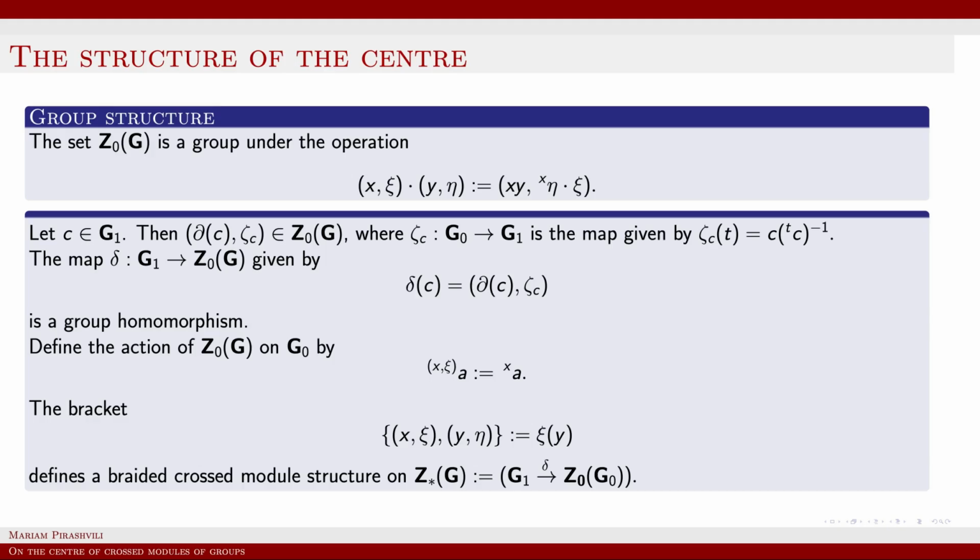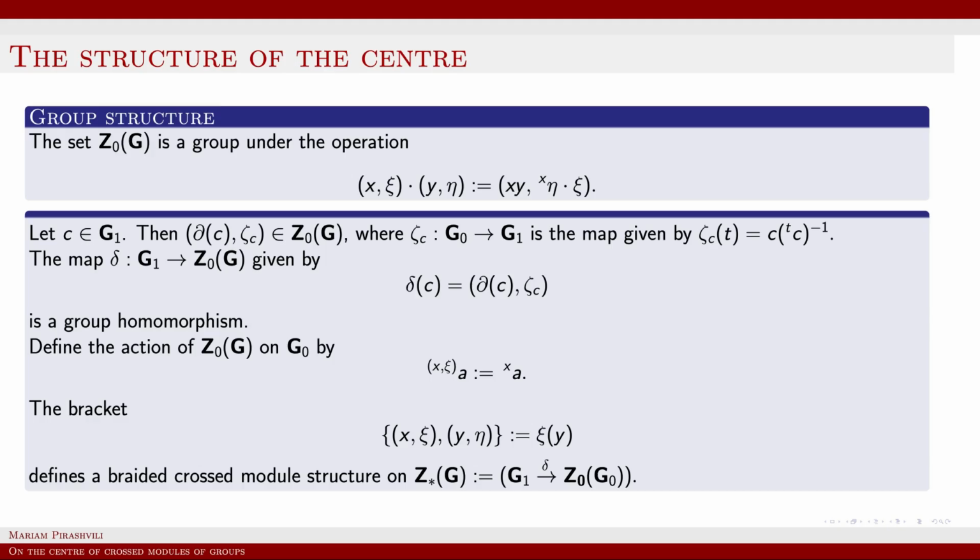You see similar formulas altogether, so that they are, in some sense, natural definitions. And then again, the action is quite straightforward. It's just the first component acting, so it's the old action that we already had for the original crossed module.